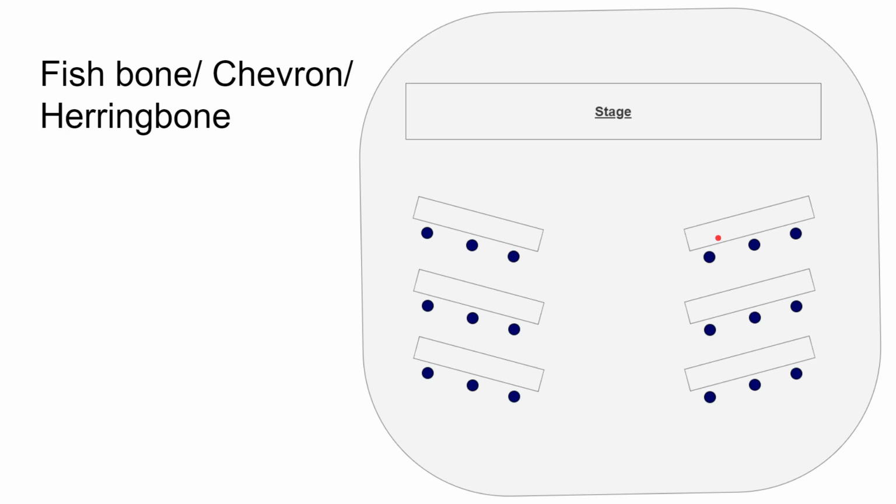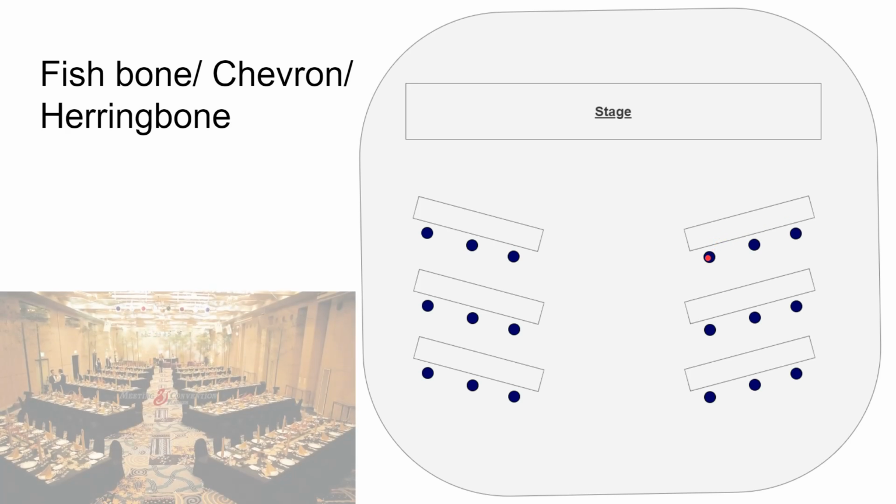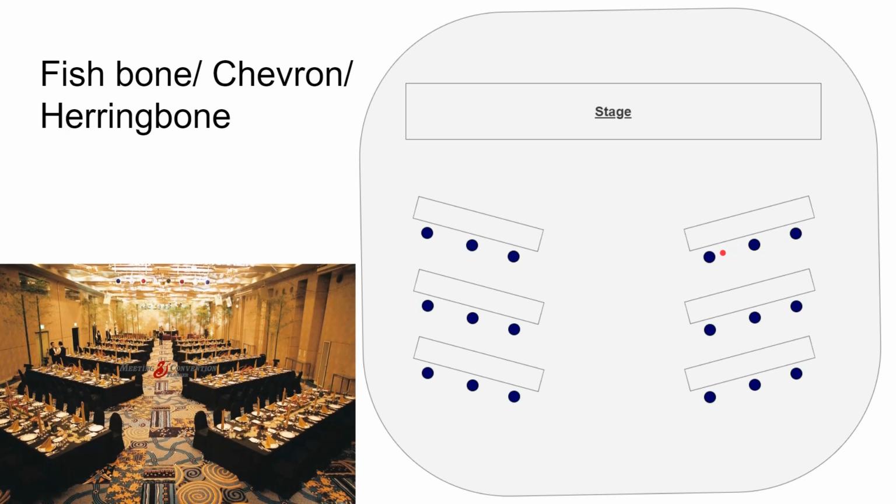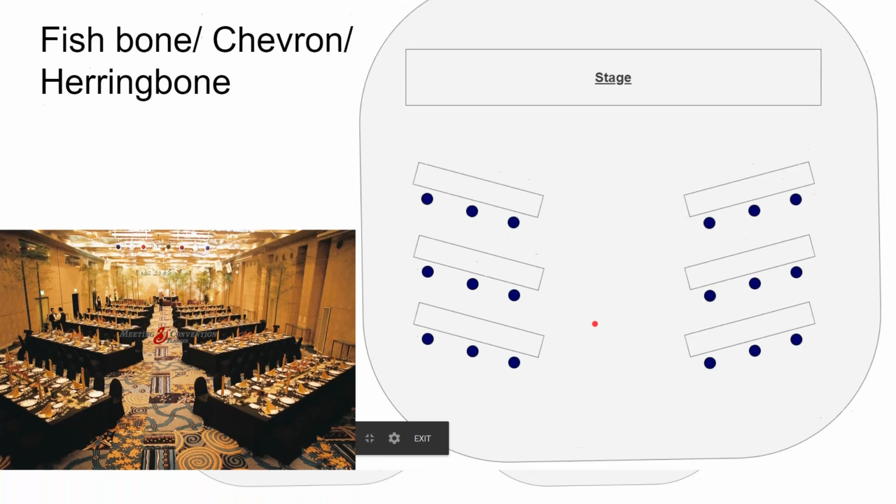So the advantage is the guests who are sitting here can look at the people on the other row as well as face the stage. So in some cases it may be convenient to have this type of arrangement so that there is a possibility of interaction among the people seated within the banqueting area.